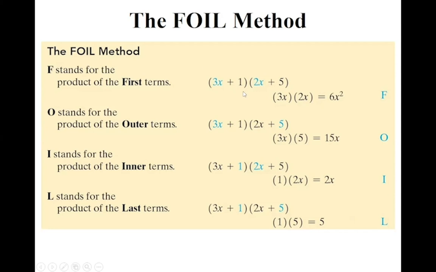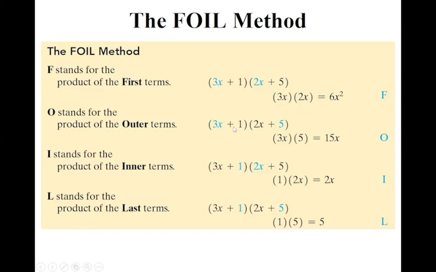So the example problem here is 3x plus 1 times 2x plus 5. First, we would multiply the first terms. 3x times 2x gives us 6x squared.